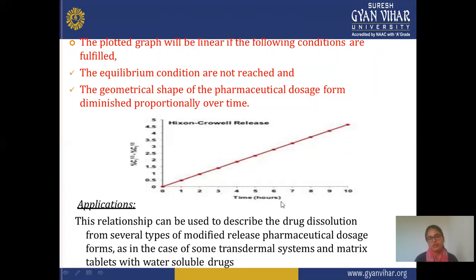In this graph the equilibrium condition is not reached, so it continuously shows a linear line. You also plot time versus percent cumulative release, similar to the previous graph. When you plot time versus percent cumulative drug release, it gives a straight line.